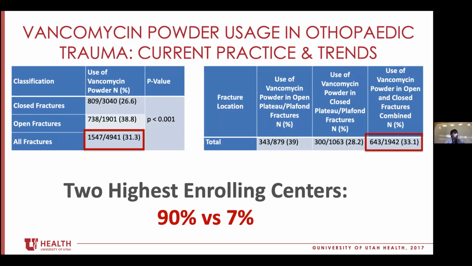Very interesting, the two highest enrolling centers in this prospective trial were placing vancomycin powder in wounds at extraordinarily different rates. One center, 90% of the fracture wounds were getting vancomycin powder. At the other center, less than 10%.